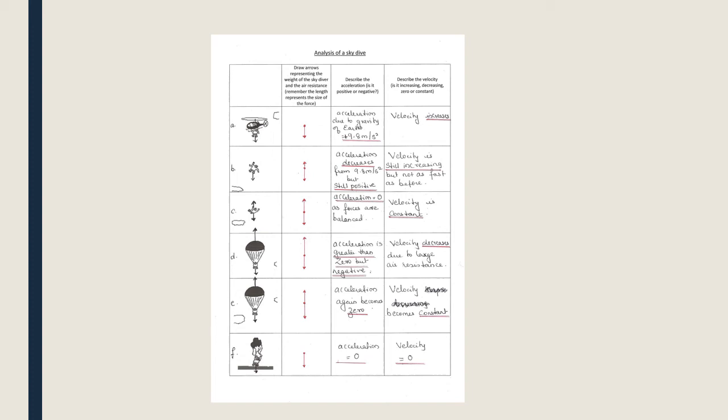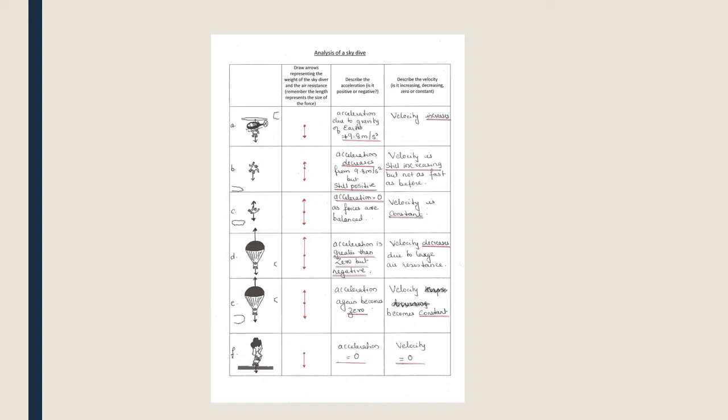In the previous stage, stage C, the acceleration was 0. Now the acceleration has become negative. And then whatever constant value of velocity it had before, due to the sudden increase in air resistance, the velocity decreases. So these are the things that happen in stage D.